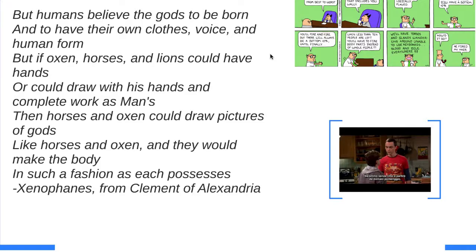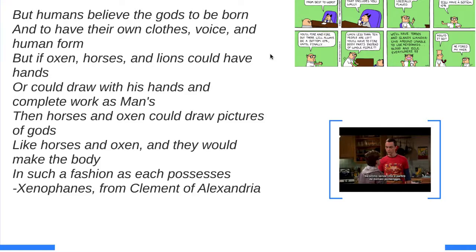It's making you think that horses and oxen could be gods just as much as humans. Clement of Alexandria is actually a Christian saint. So what is he doing here?